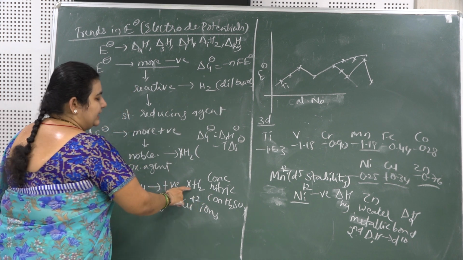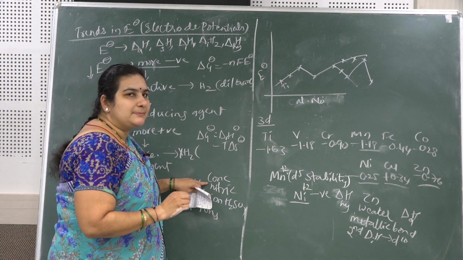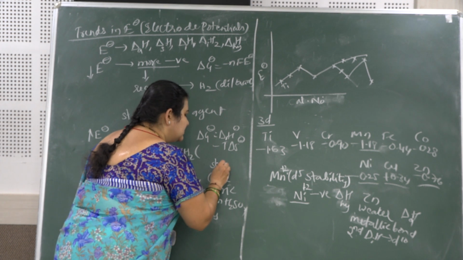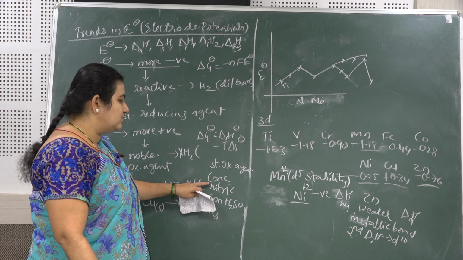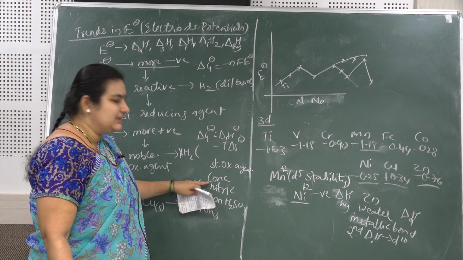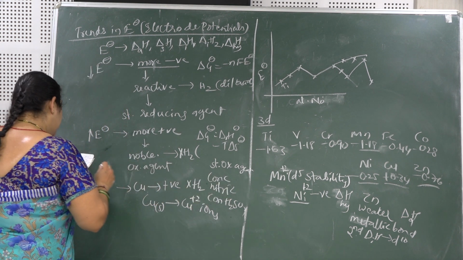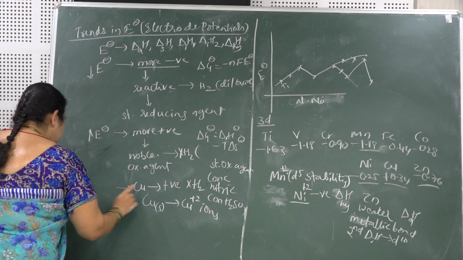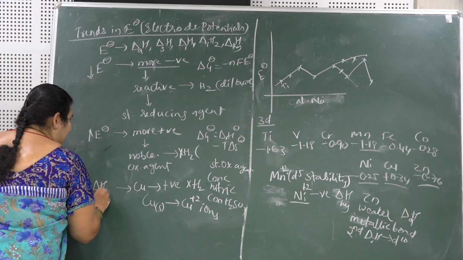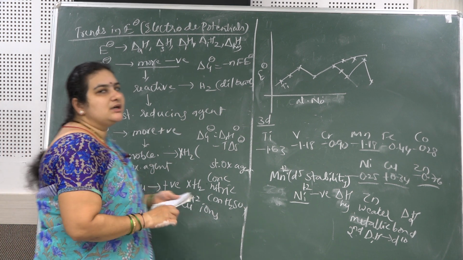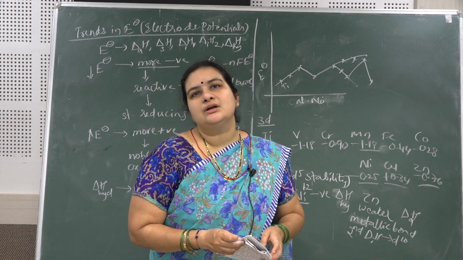So it will not liberate hydrogen from dilute acids, but in the presence of strong oxidizing agents, like concentrated nitric acid and concentrated sulfuric acid, it can react. Here the high energy required for this transformation is not balanced by its enthalpy of hydration. Because of this reason, copper has a higher, positive electrode potential.